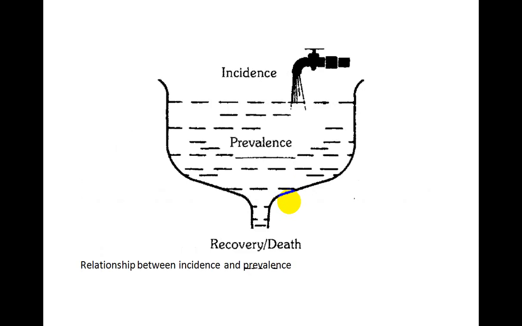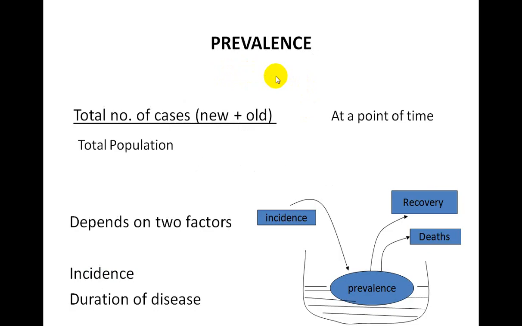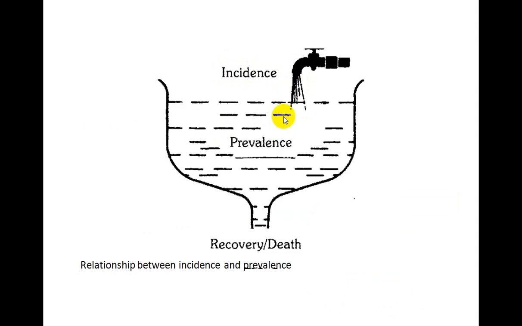This is the bathtub. The tap from which the water flows into the tub is the number of new cases, while the water in the tub is the prevalence. Two things can happen: a patient will recover or a patient will die.